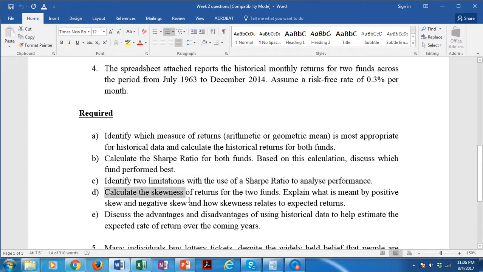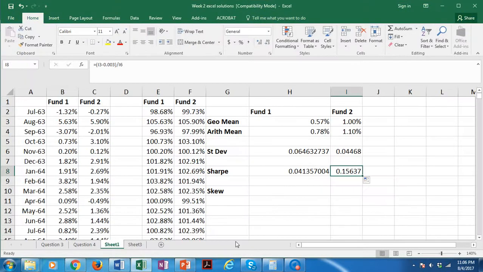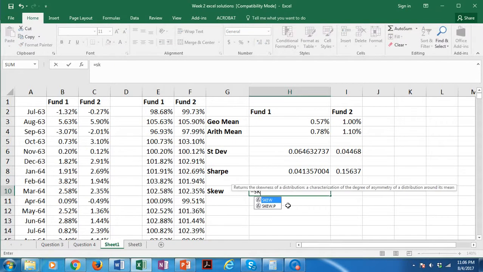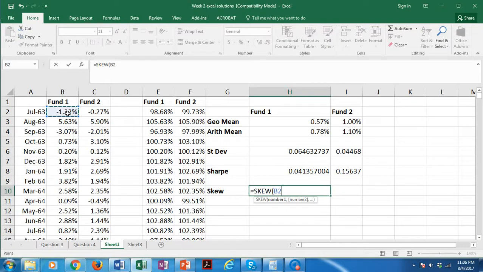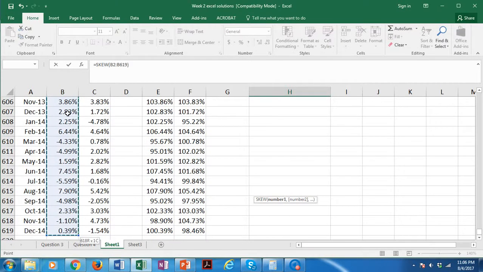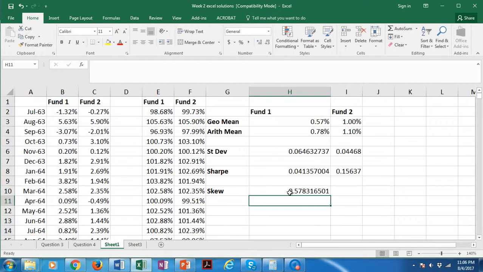Requirement D is calculate skewness for two funds. So it's simple. We use the SKEW function, S-K-E-W, and we select this return and we finish the bracket. So we get skewness, and if we scroll it to the right, we get the skewness of Fund A is also higher and it's negative.